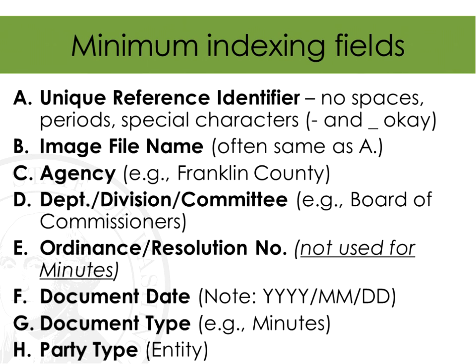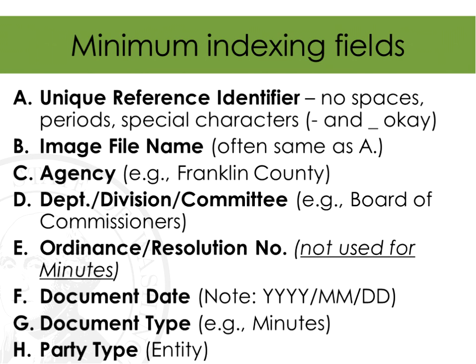One thing to note here is that the format that we ask you to put these in is different from what most folks are used to. Instead of having the year at the end, we ask you to have the year at the beginning. So it's 4-digit year / 2-digit month / 2-digit day. So in that case, if it were for today, it would be 2017 / 02 / 07.